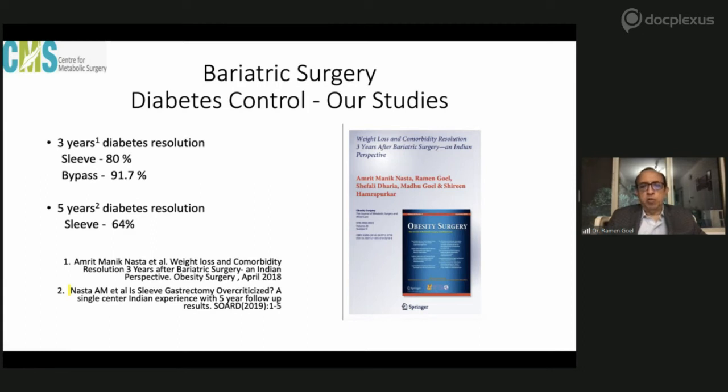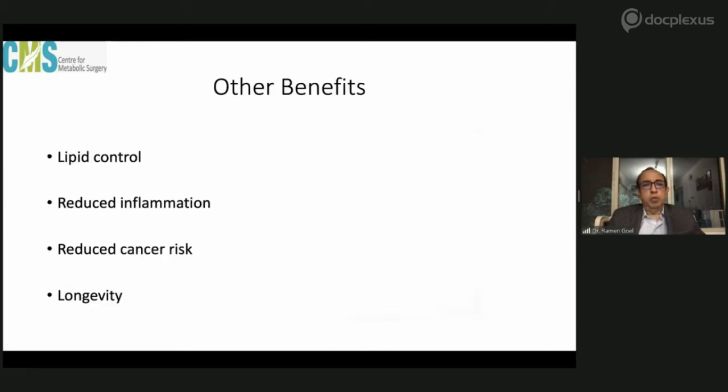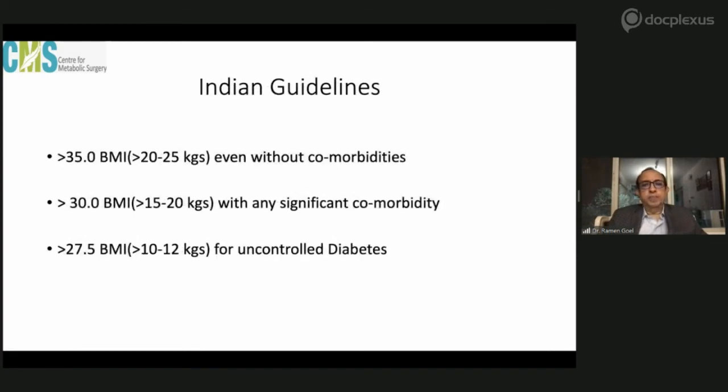So bariatric surgery works on fatty liver through various mechanisms. It's not only weight loss, but also diabetes control, dyslipidemia control, lipid control, reducing inflammation, and it reduces cancer risk, and then obviously it leads to longevity.